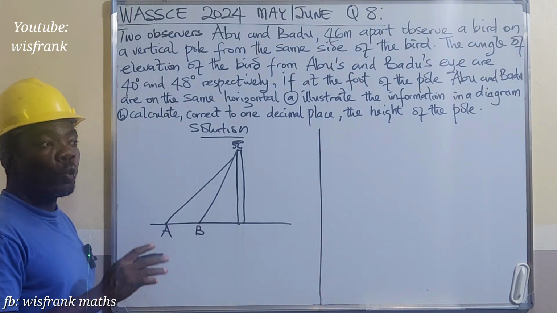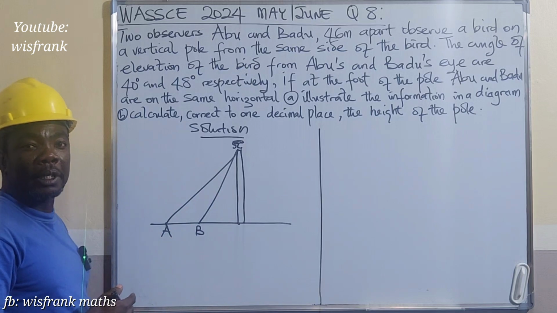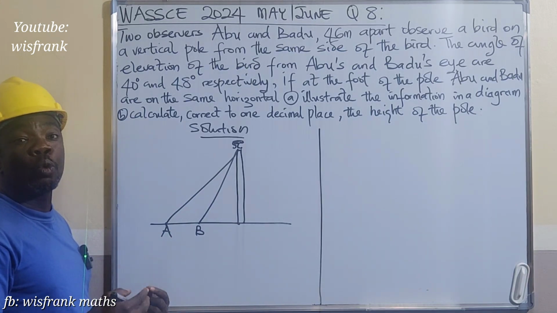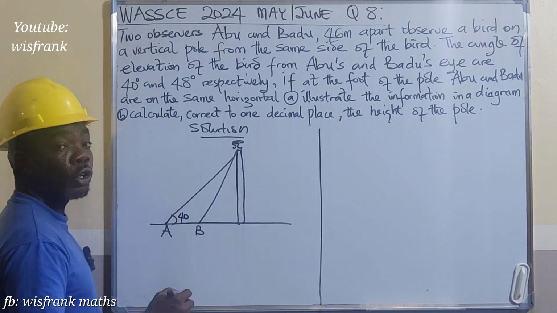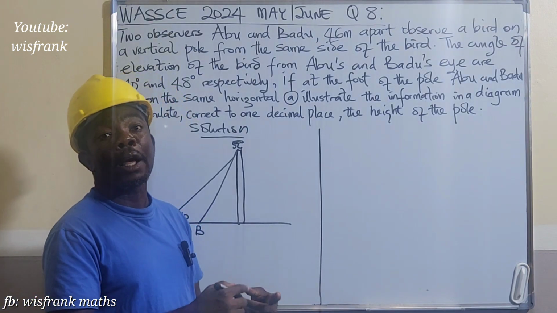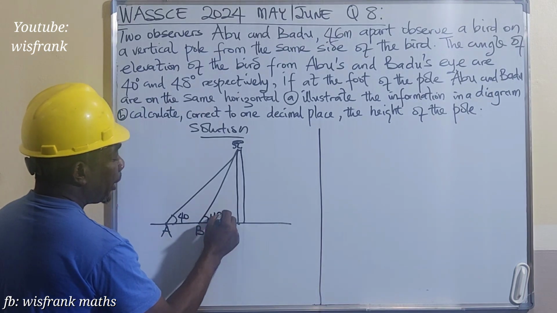You know that when you stand at a point looking at a distance, the farther apart you are, the smaller the angle of elevation will be. So here we have 40 degrees. The one that is closer to the pole has a larger angle of elevation, so here we have 48 degrees.